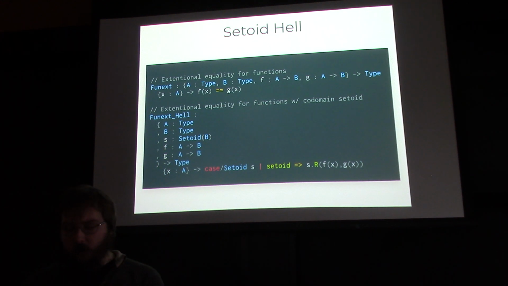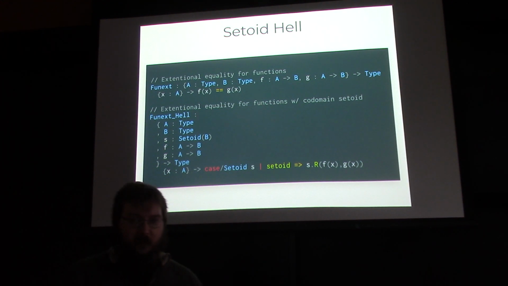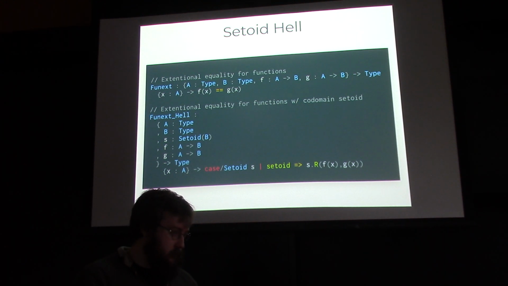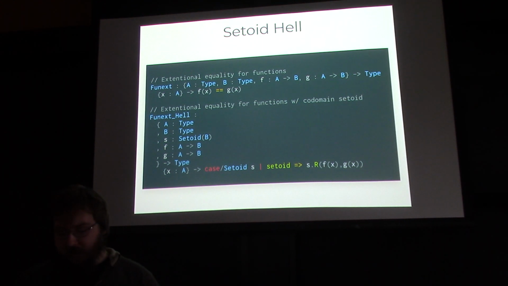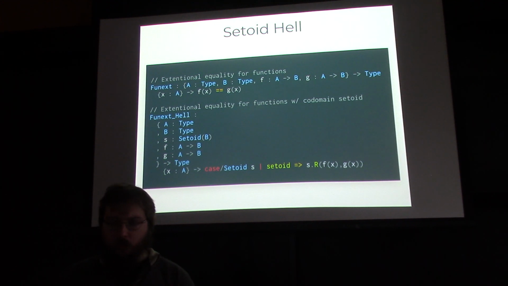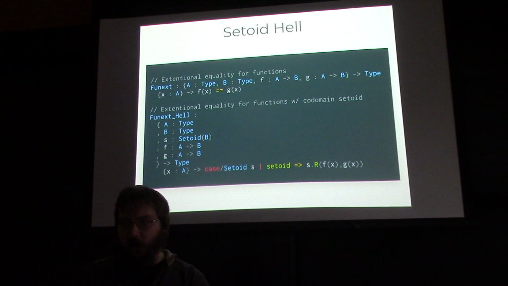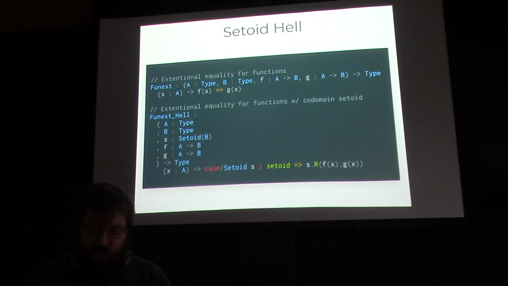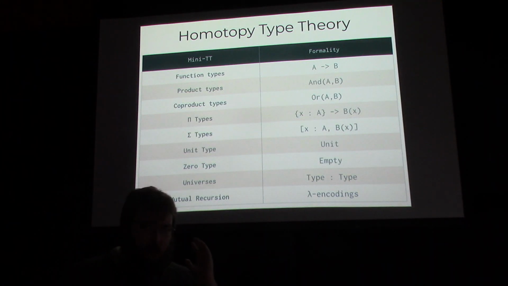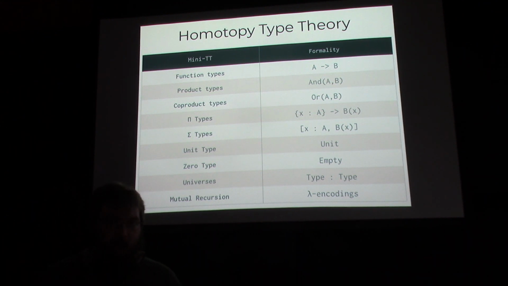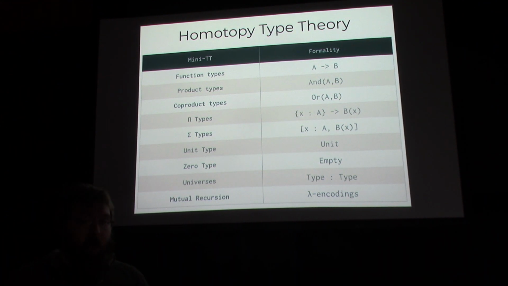If we use beta-eta equality, it'll work for functions over zero order types. But if we want to do functions of functions, higher order functions, then we have to have another setoid, and then every layer has to have a setoid, and it's just horrible.